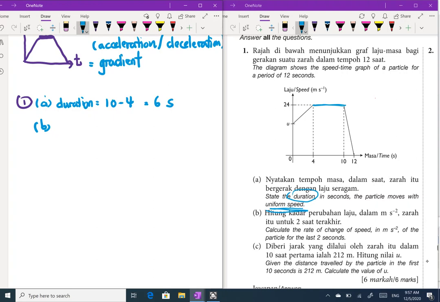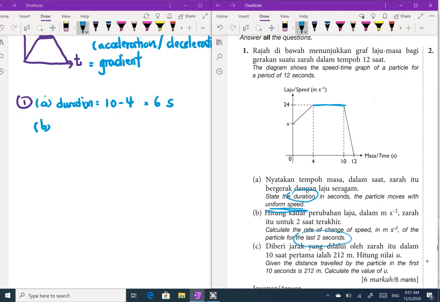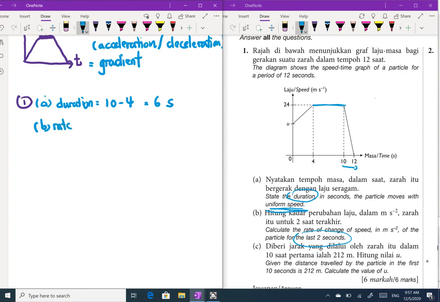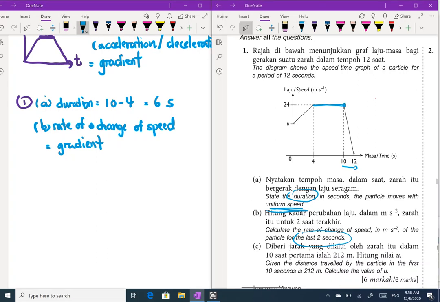Calculate the rate of change of speed in ms negative 2 of the particle for the last 2 seconds. 最后2秒, so 10 to 12. I want to know the rate of change of speed. 我要知道这个东西. So rate of change of speed is equal to our gradient. So now you determine the points, these 2 points. So this is from 10, go to 24.